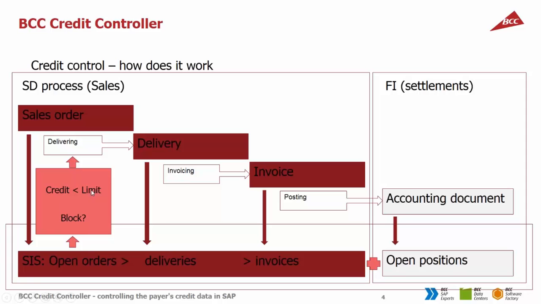If the limit is exceeded, the request is blocked. To create a delivery, an authorized user must remove the block from the order. And by default, such an order is retained for further processing.